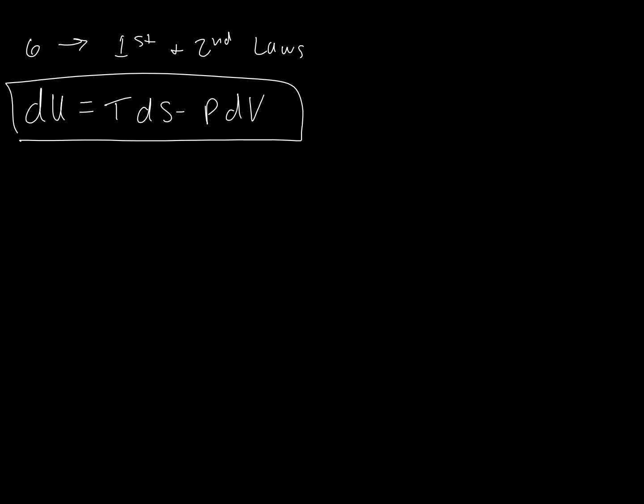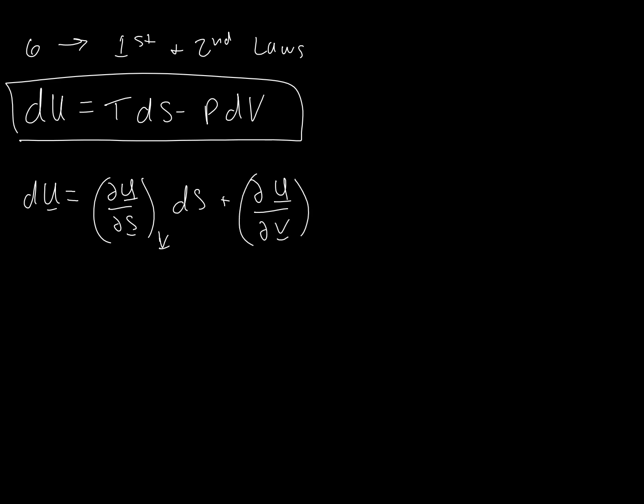So we manipulated this in a number of different ways. Expanding it, for example, saying that dU, just using general calculus terms, is (dU/dS) at constant V dS plus (dU/dV) at constant S dV. So we expanded this, we came up with thermal identities, we derived new functions, we manipulated the variables, we played around with a lot of different things.